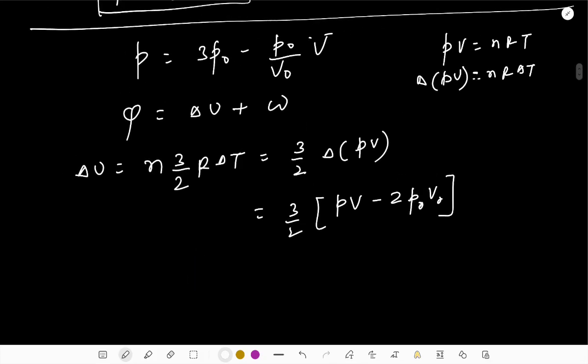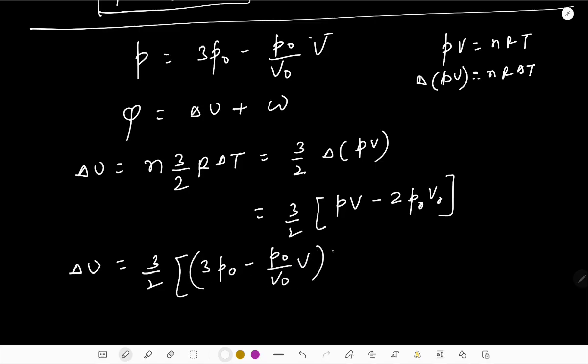Yeah, P is here. So I can write delta U equals 3 by 2 P is 3 P naught minus P naught upon V naught V, multiplied by V, minus 2 P naught V naught. Oh, things are going to be bigger. I knew it.